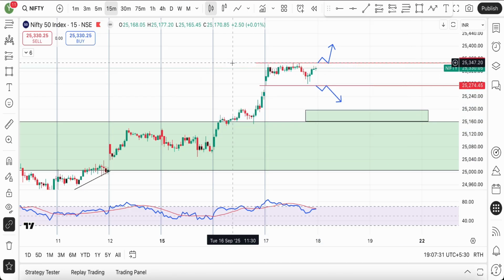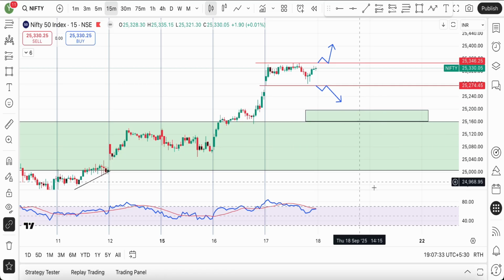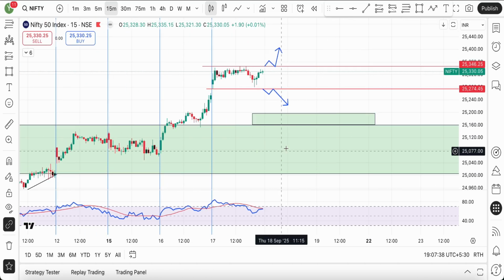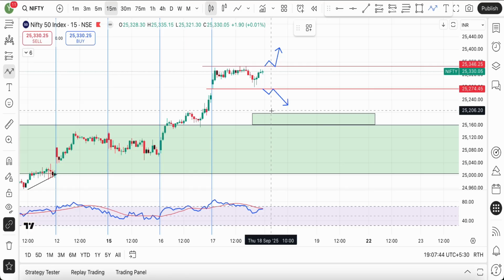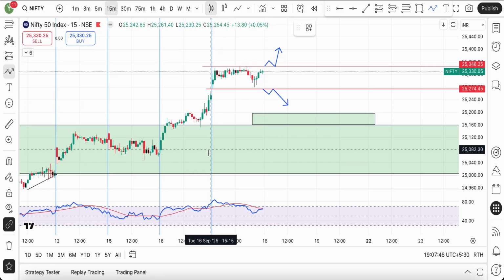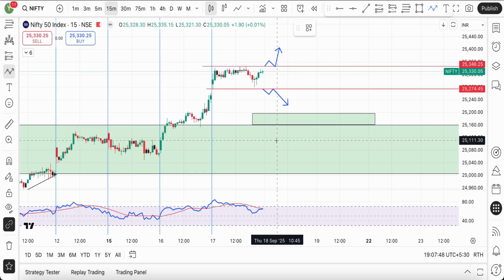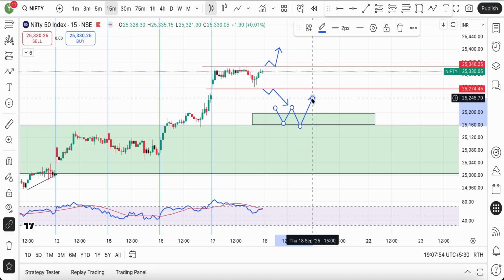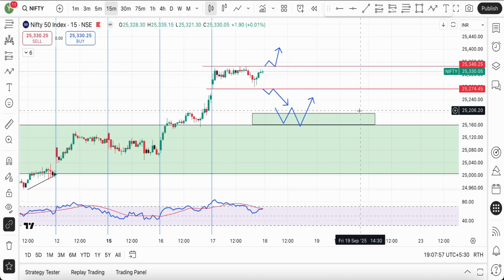Now try to understand the importance of this particular zone, right? This is a weekly resistance which has now turned into a support. So we'll be anticipating some support around here. And this also is the fib level on a lower time frame. Any positive price action around here should be used to take a long entry.